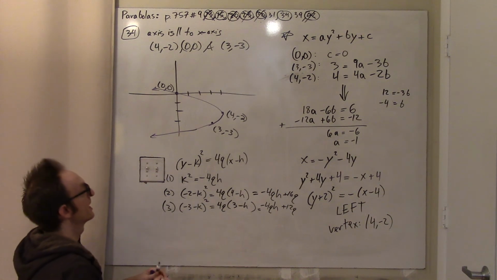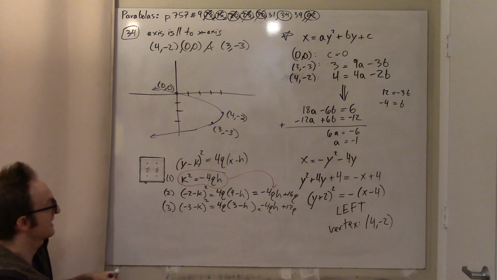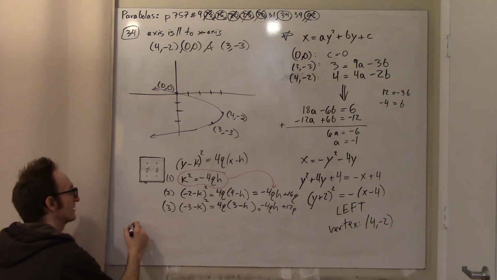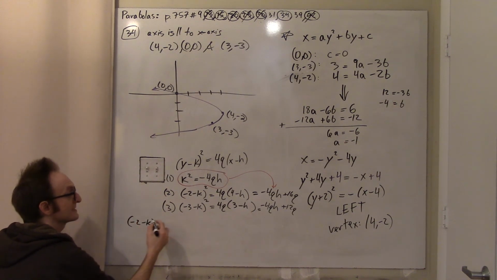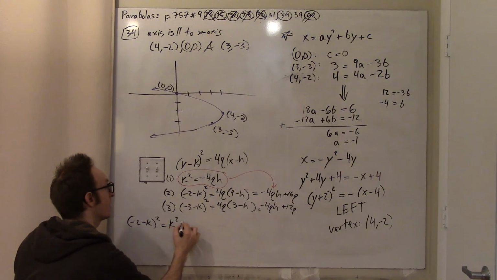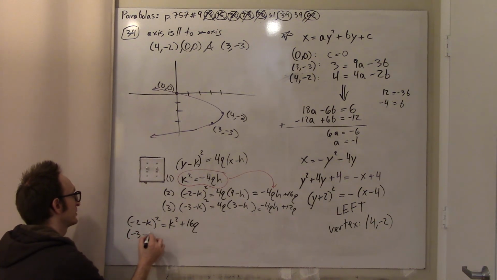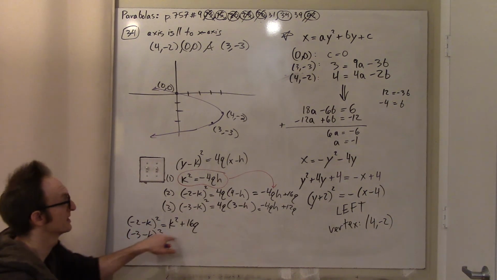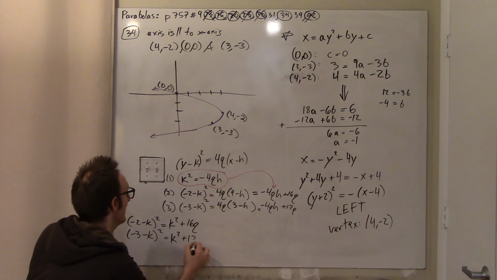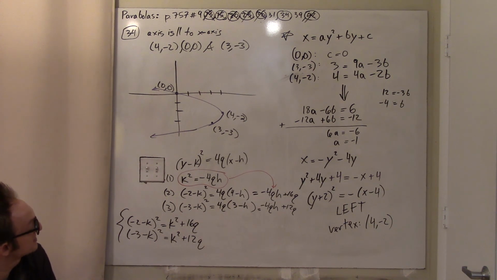But then negative 4qh is just k squared. And so you now get two equations in two variables: negative 2 minus k squared equals k squared plus 16q, and negative 3 minus k squared equals k squared plus 12q. And now from here, I guess you just crank it out.